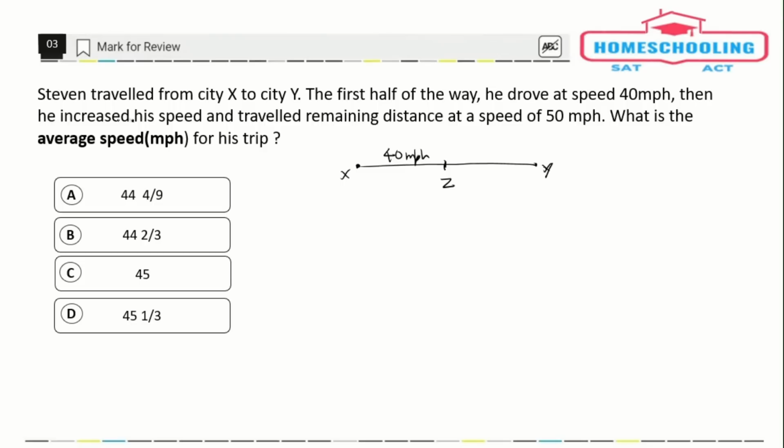Then he increased his speed and traveled the remaining distance at 50 miles per hour. So half of the distance he covered at a speed of 40 miles per hour and the remaining half at 50 miles per hour. We have to find what is the average speed for this trip.